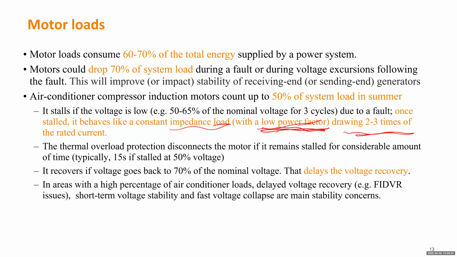So in an area with a very high percentage of air conditioner loads, the so-called fault-induced delayed voltage recovery issue will become very serious. Short-term voltage stability and fast voltage collapse are main stability concerns. We'll talk more about such issues in the voltage section.